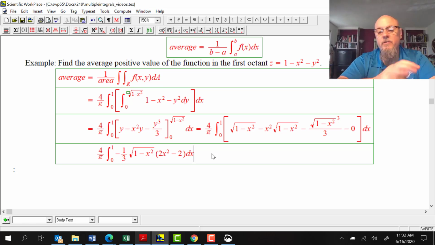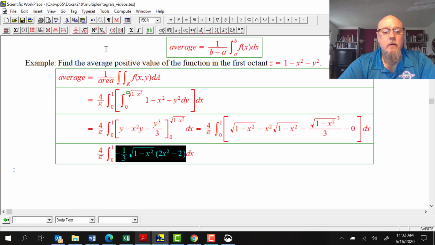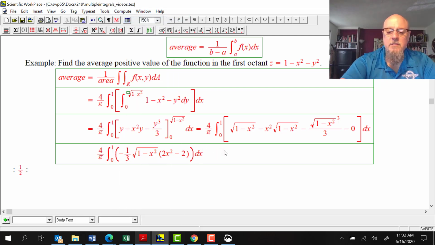Now all I have to do is do this integration. Should I do a trig substitution? A u substitution? What about if I just do this? Oh yeah, that's so much easier.